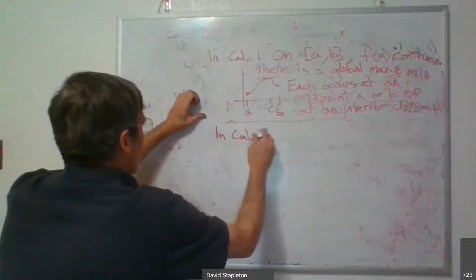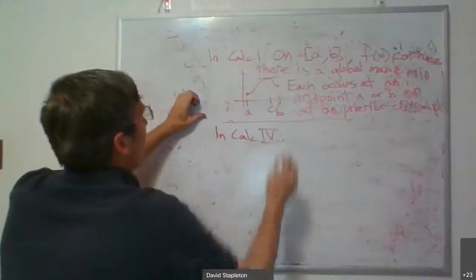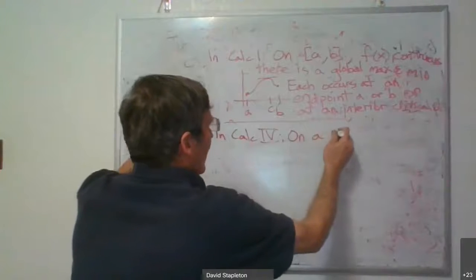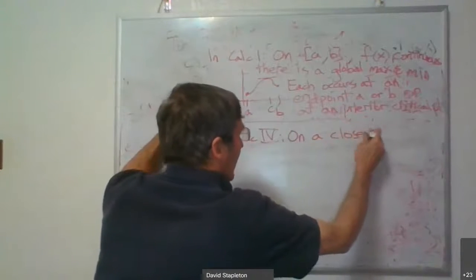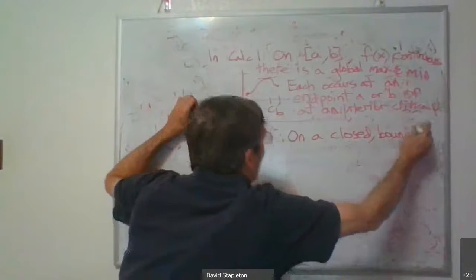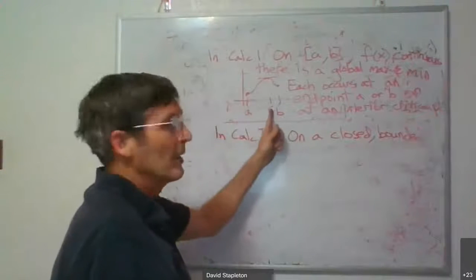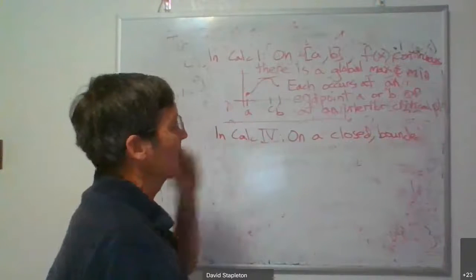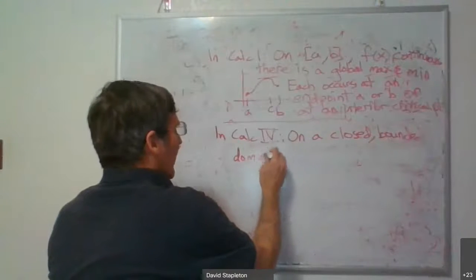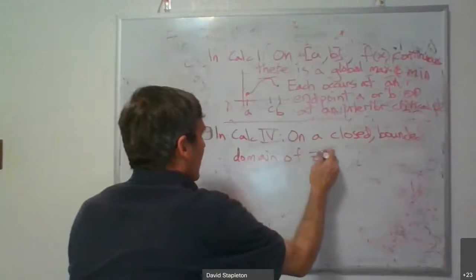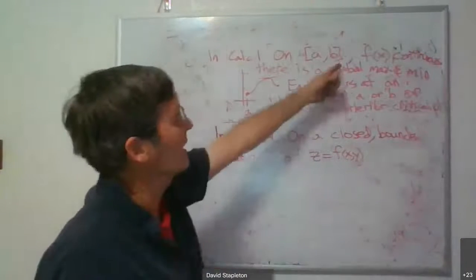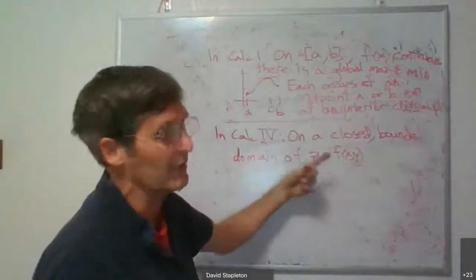In calculus 4, we'll say this on a closed bounded domain. Just like this is a closed bounded domain of a function of one variable, we'll demand a closed bounded domain of a function of two variables now. With, just like here, f continuous, but now it's a continuous function of two variables.